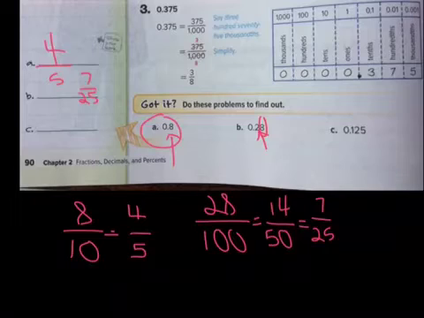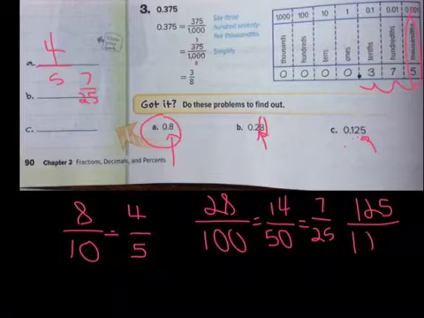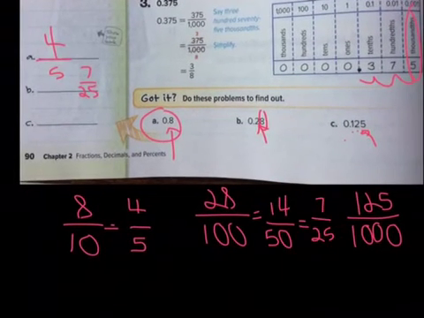Okay, and now let's look at this one. It finishes in the thousandth place. 1, 2, 3 decimal places over. You see that? 1, 2, 3 decimal places over. So what is it? It's 125 over 1,000. Well, how many 125s do we have?